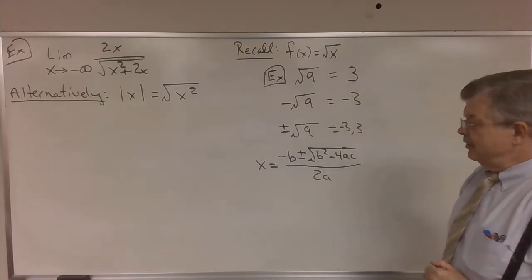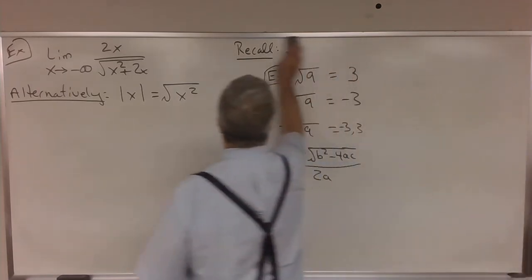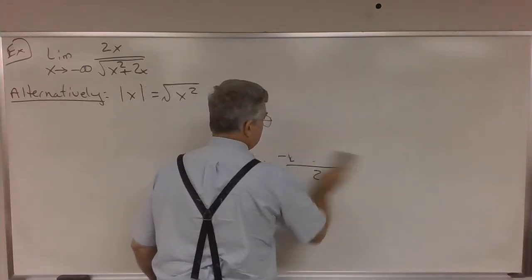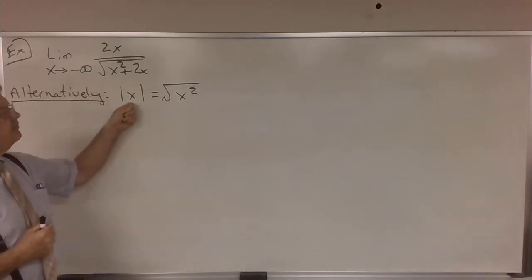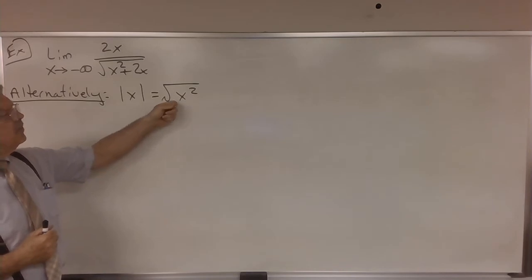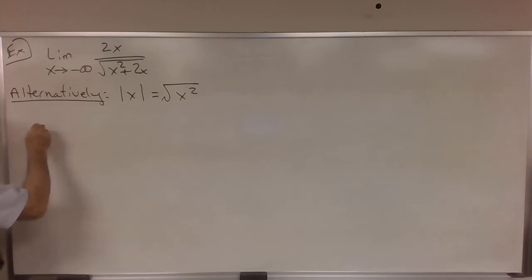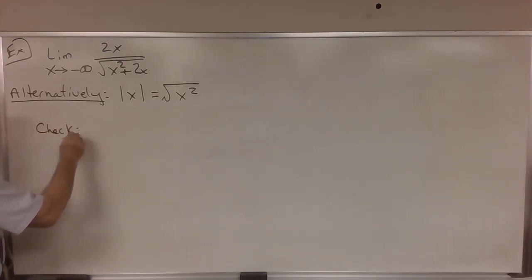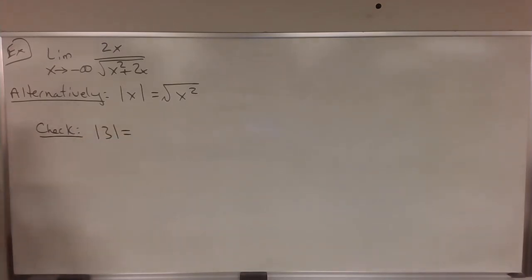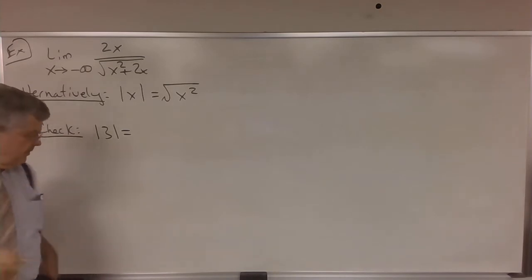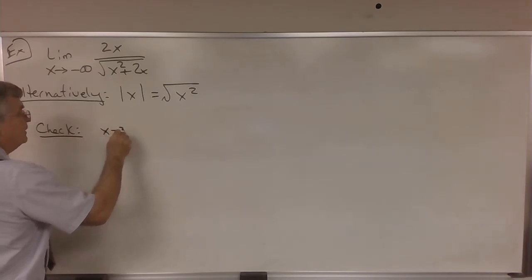Now, how am I going to apply this to our alternate definition? Our alternate definition says that the absolute value of x is the square root of x squared. Let's put it to the test. Let's do exactly those cases that we did before. We'll try x equal 3.